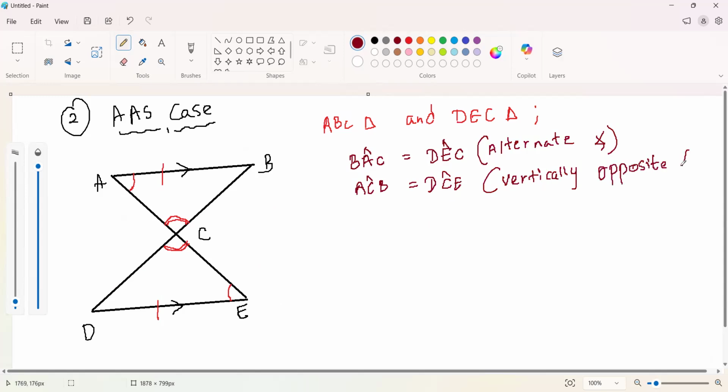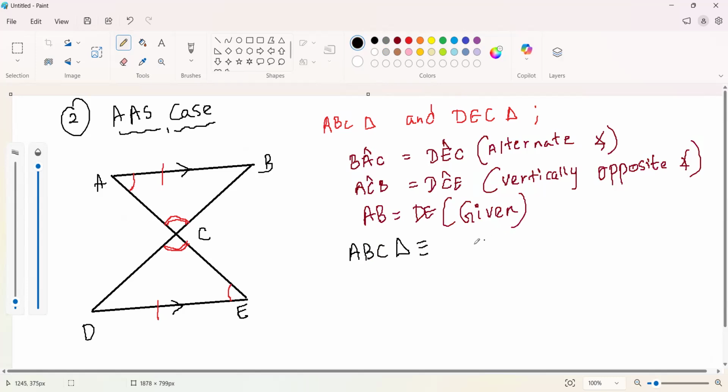And the other thing, there are two sides you have to consider, AB and DE. AB and DE are equal to each other. That's given. Okay. Now, according to that, there are two angles and the corresponding side, and two angles and the corresponding side in each.